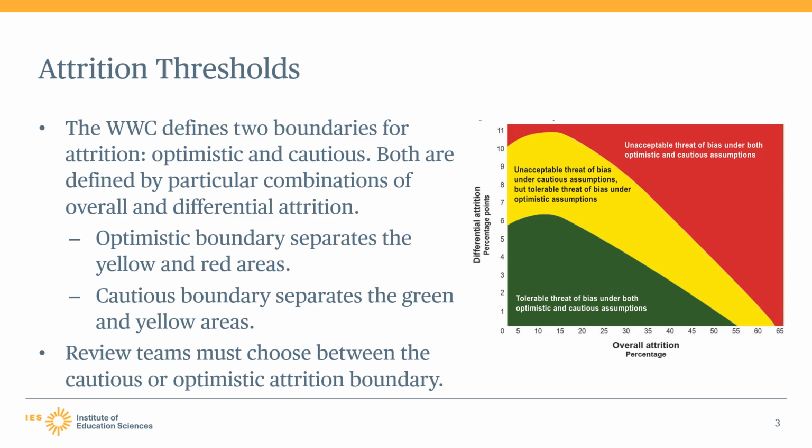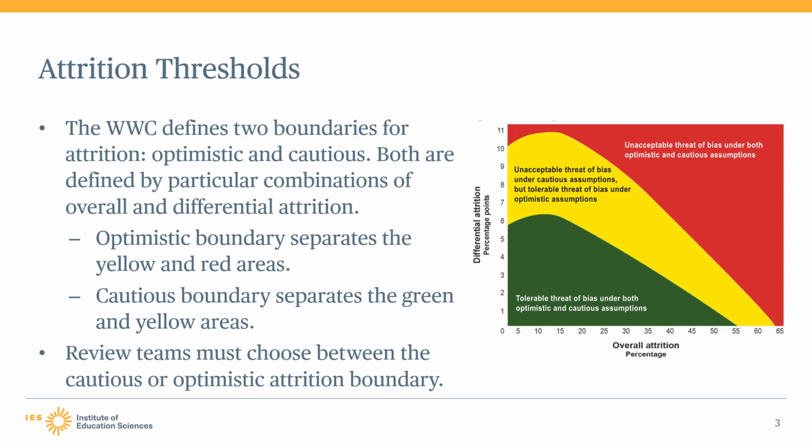An RDD study, therefore, must have acceptable levels of overall and differential attrition rates. Overall attrition is the percentage of assigned units for which the researchers do not observe outcome data, whereas differential attrition is the absolute value of the percentage point difference between attrition rates for the intervention and comparison groups.